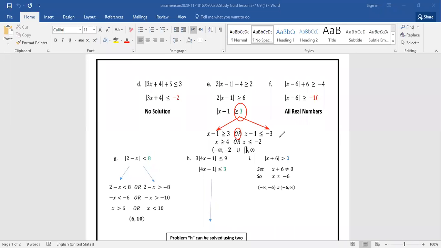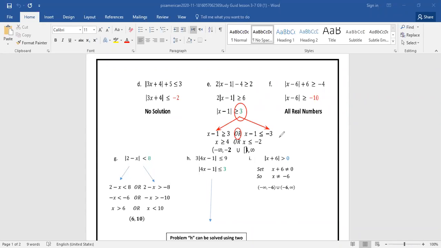Okay? Then how will you solve this question? You are going to divide your answer into 2 parts. The first part: copy paste x minus 1 more than or equal 3, and x minus 1 less than or equal negative 3.